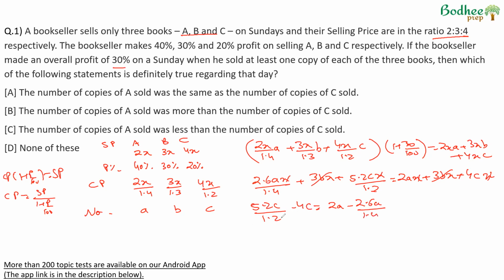This becomes 5.2 minus 4 into 1.2, which is 4.8. So 0.4C upon 1.2 is equal to 2 into 1.4 is 2.8, minus 2.6, 0.2A upon 1.4.